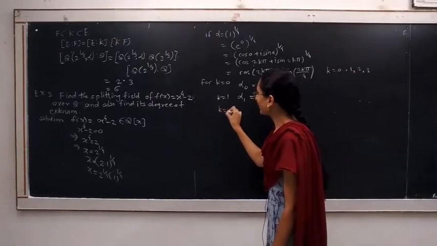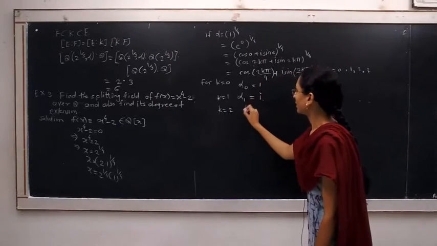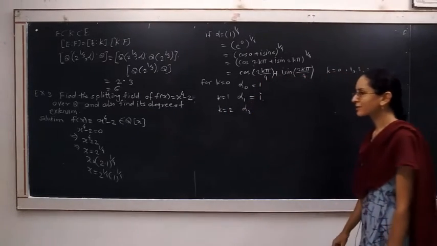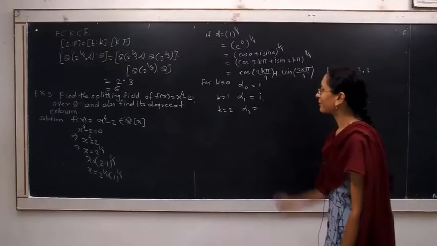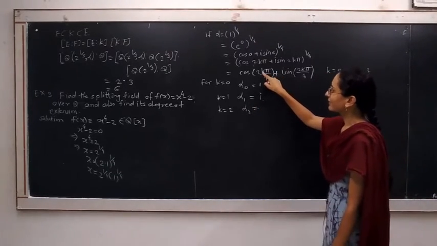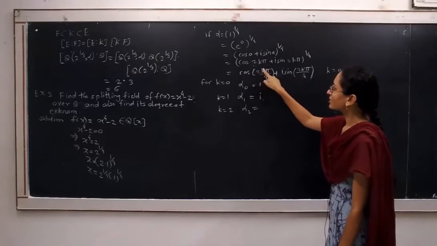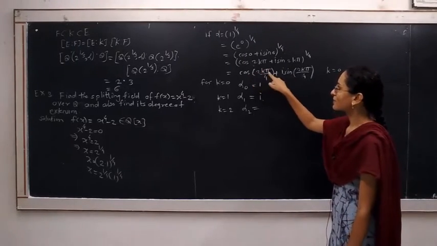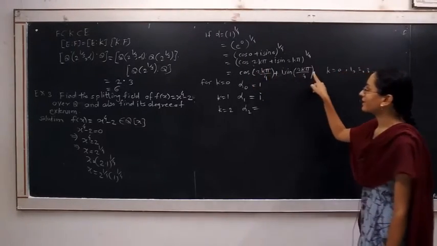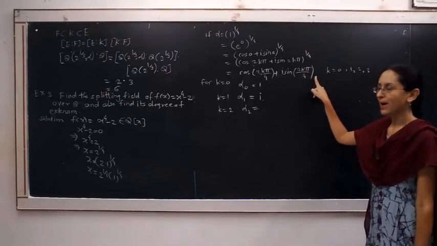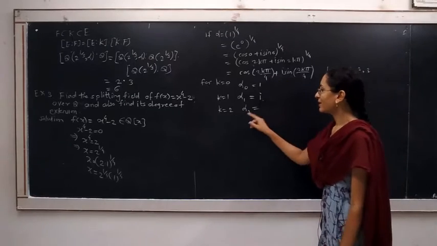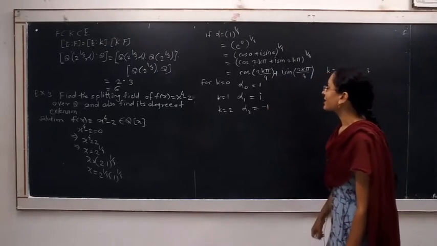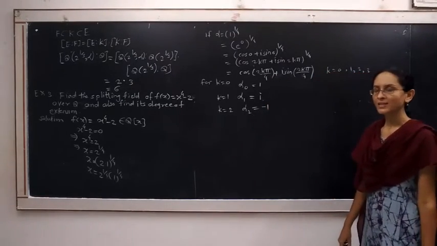For the next value of k, say 2, we get the next 4th root of unity, alpha 2. If we put k = 2, then we get cos(4π/4), meaning cos π + i sin(4π/4), meaning sin π. sin π is 0 and cos π is -1, hence alpha 2 is -1 + i·0, which is -1.